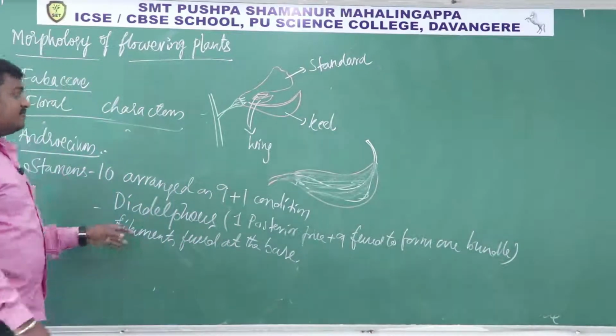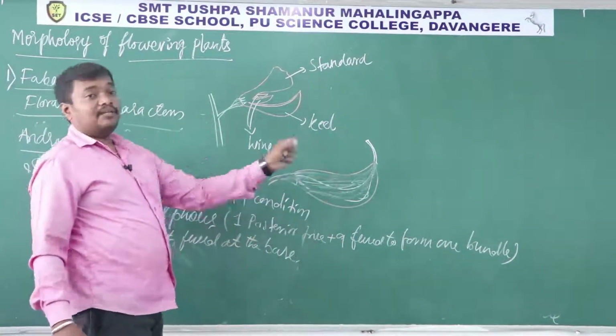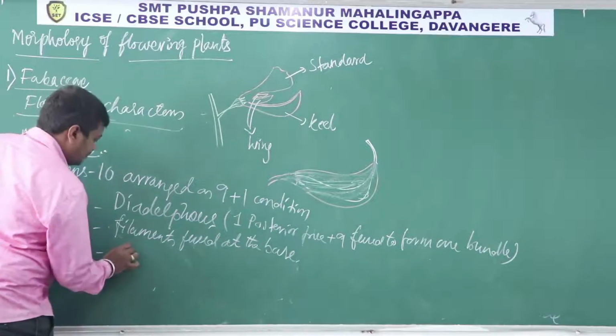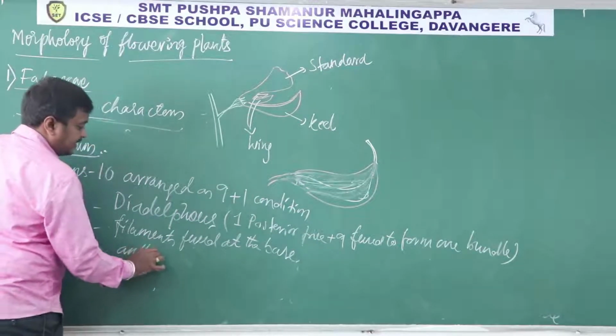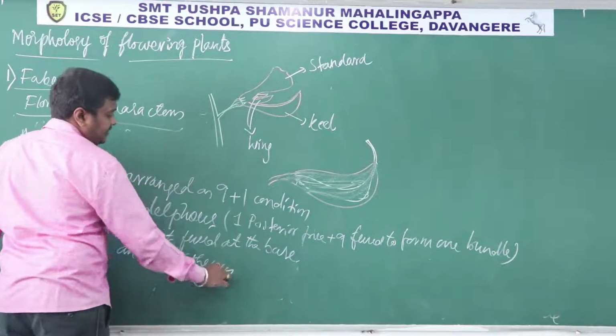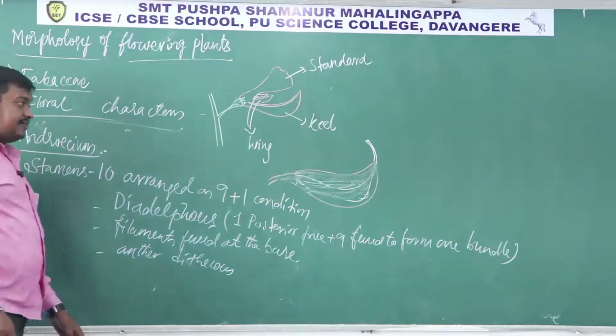In diadelphous there is one posterior free, and the remaining 9 together form one bundle. So the filament is fused at the base. Anther, diathecus. Okay, so let me explain it by taking the diagram.